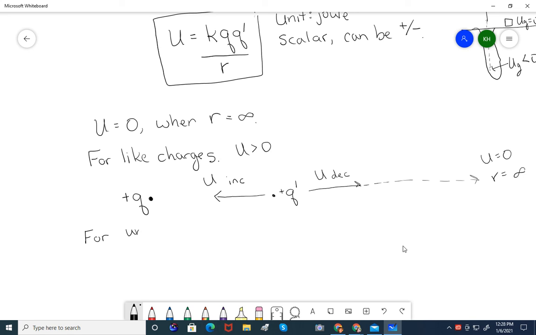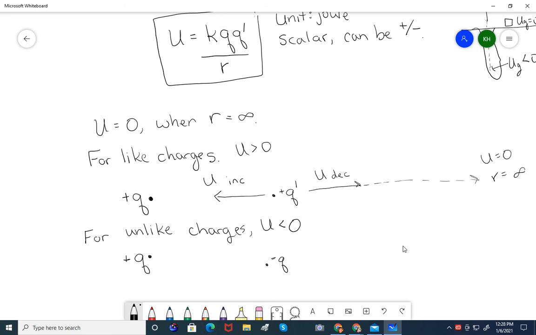For unlike charges, opposite charges, the potential energy is always a negative quantity. So think about the same situation. We start here. Here's Q. I'm going to put some other charge over here that's negative this time. I want them to be oppositely charged.